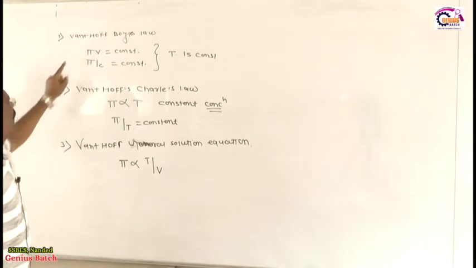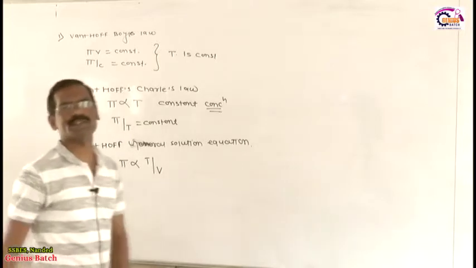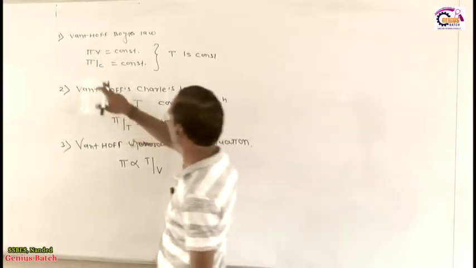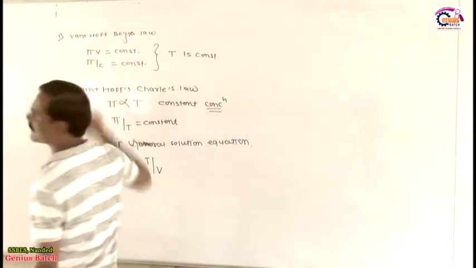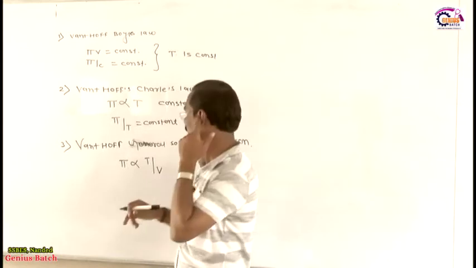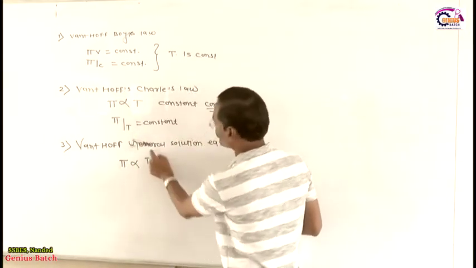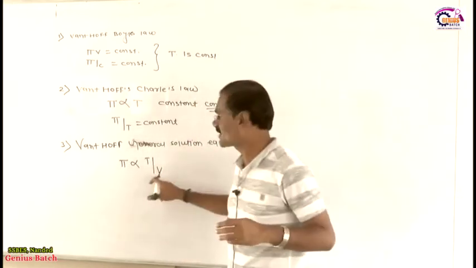According to Boyle's law, pi is inversely proportional to V at constant temperature, since pi V is constant. So pi is inversely proportional to V and directly proportional to T.